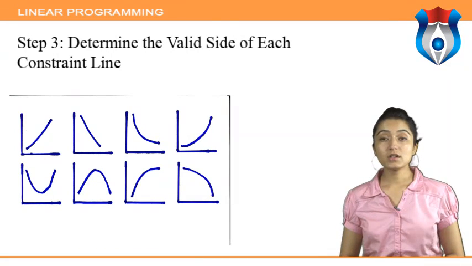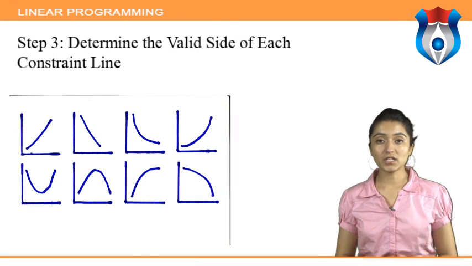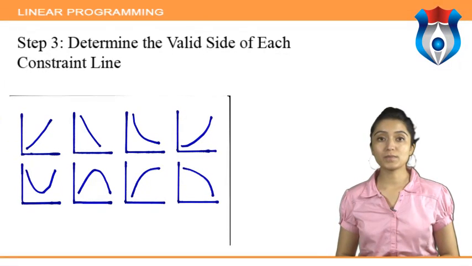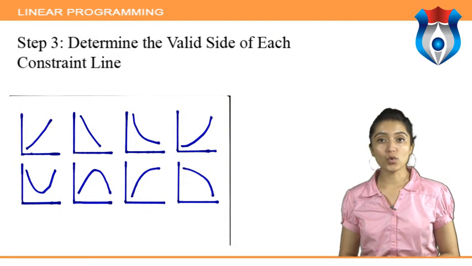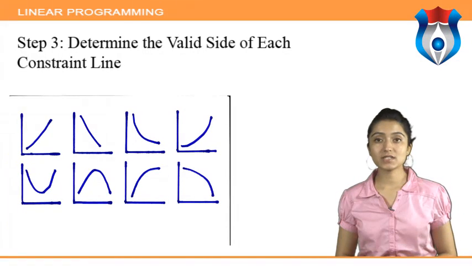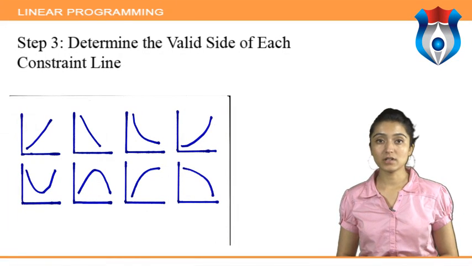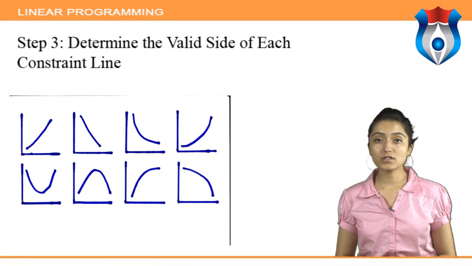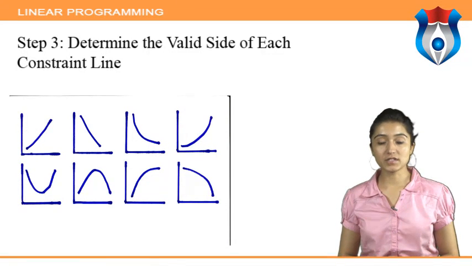Step 3. Determine the valid side of each constraint line. The simplest way to start is to plug in the coordinates of the origin (0, 0) and see whether this point satisfies the constraint. If it does, then all points on the origin side of the line are feasible and all points on the other side of the line are infeasible.